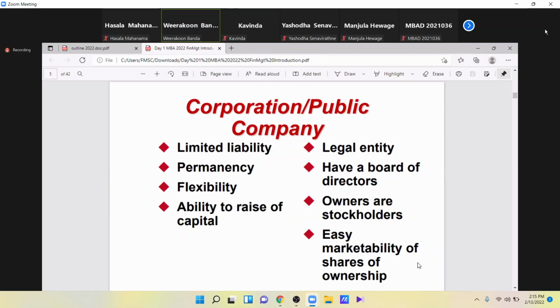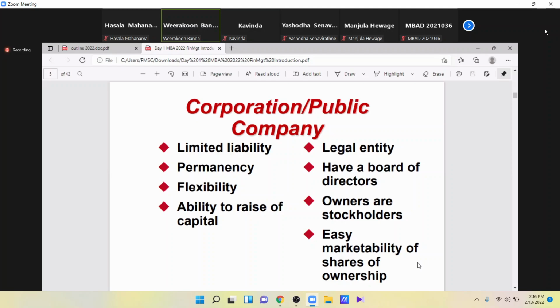In finance, public companies or corporations are very important, because they have a legal system and a mechanism when they raise capital. When they operate their businesses, they have a governing system, a board of directors. Due to those reasons, corporations or public companies are a very important entity, and we have to understand their different features.